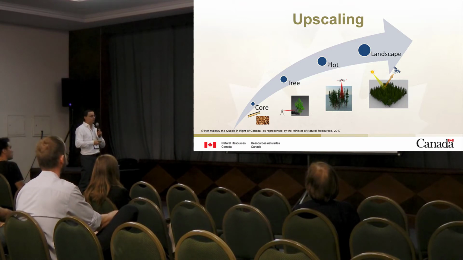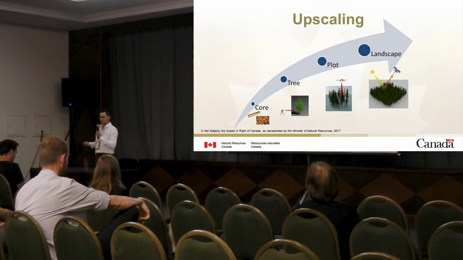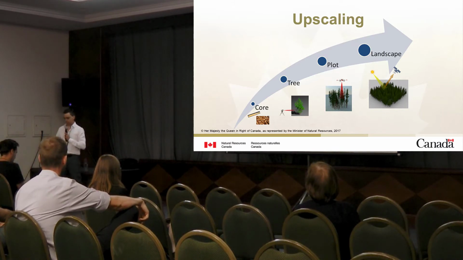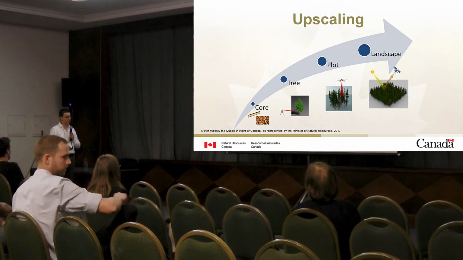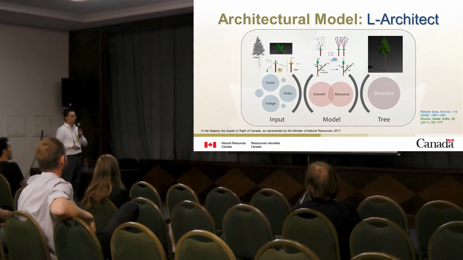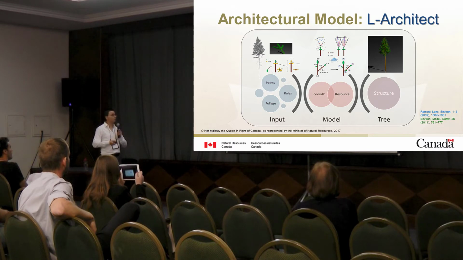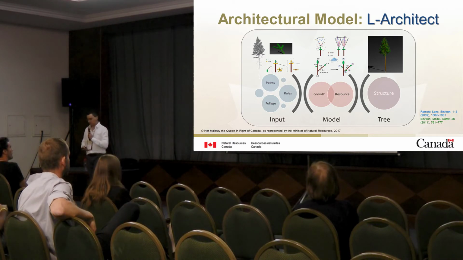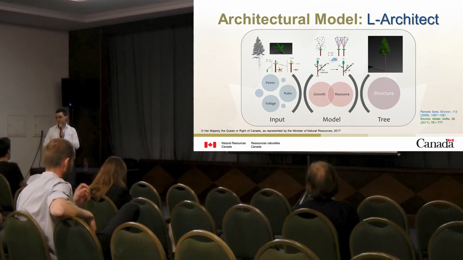The primary instrument is the TLS, so we can get the full tree structure and of course the plot structure, but to get the correct geometry and topology, we go with architectural modeling or QSM, different expressions for the same thing. In this case study, we use L-Architect, which is an old model, but it was developed for boreal coniferous species.